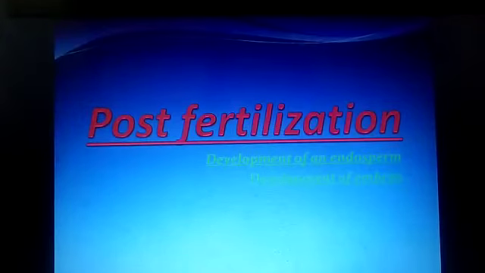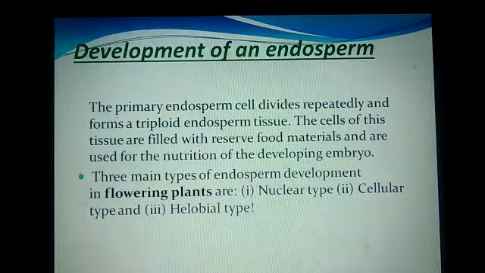Now the events after fertilization, that means post fertilization. In post fertilization, we read development of endosperm and development of embryo. First of all, we read development of endosperm. Actually, student, the primary endosperm cell divides rapidly and forms triploid endosperm tissue.